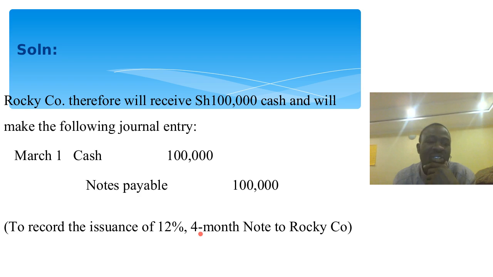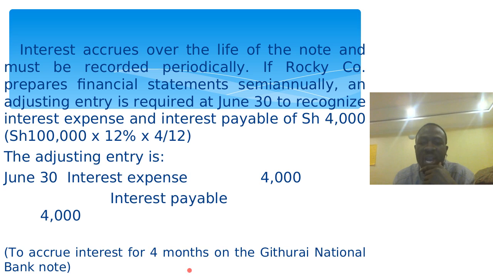Remember, a year has 12 months. So we multiply 12 over 100 times 4 out of 12, times the amount of the note, which is 100,000. The interest expense will be 4,000 shillings.